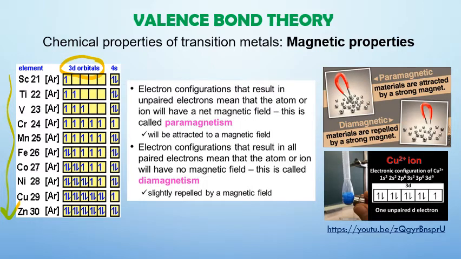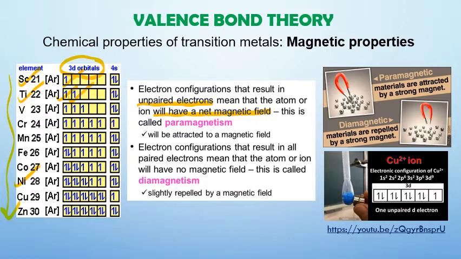For example, scandium has 1 unpaired electron, titanium 2 unpaired electrons, and so on. If the electron configurations result in unpaired electrons, for example scandium until nickel, it means that these atoms will have a net magnetic field, and this is called paramagnetism.